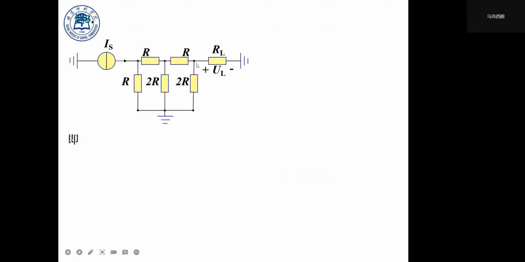This one we combine with all these dots A, B and C are ground.